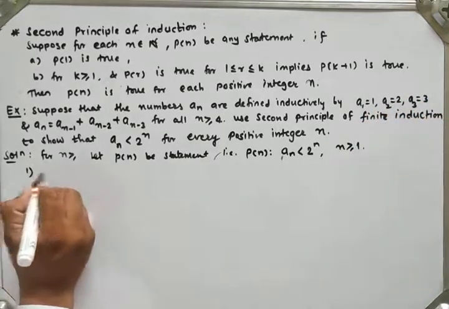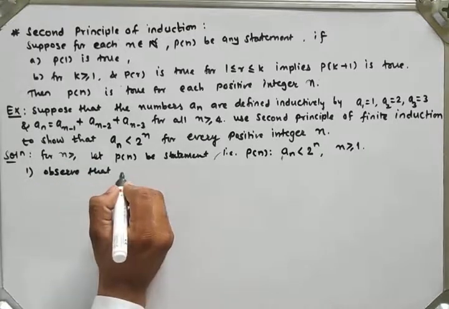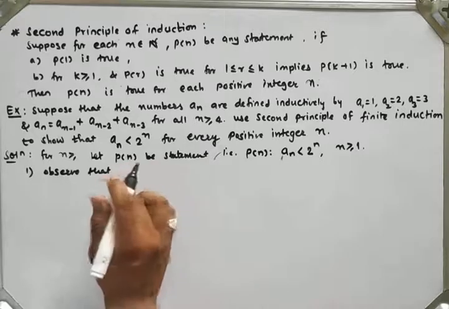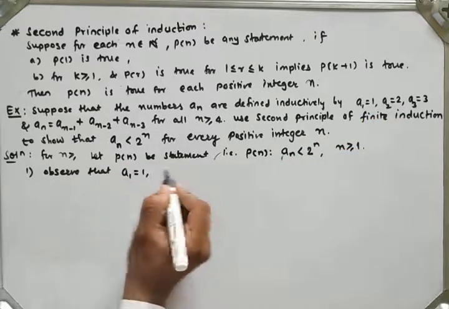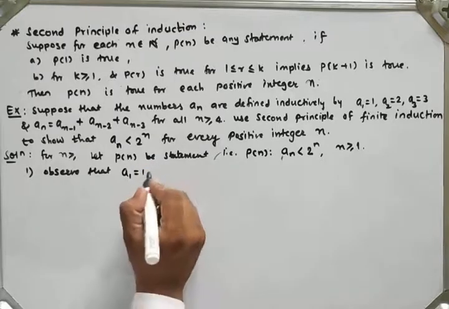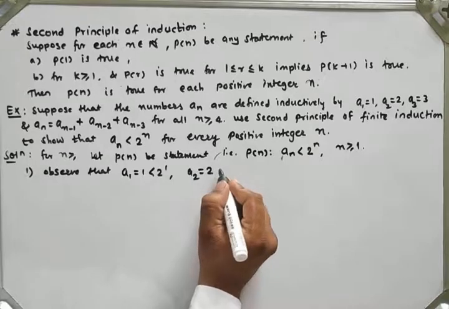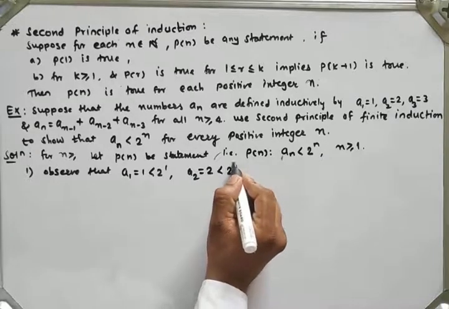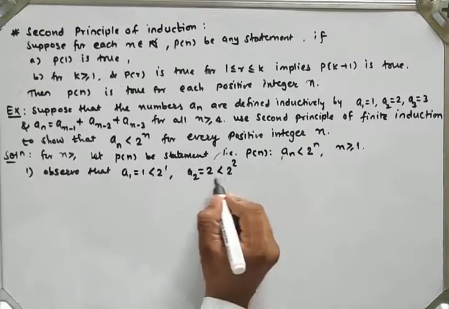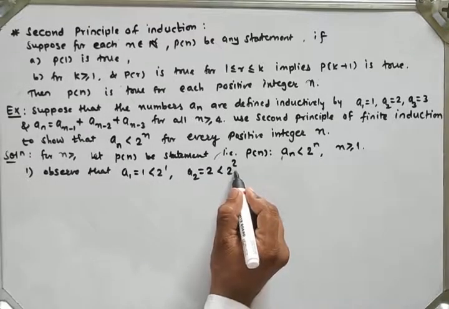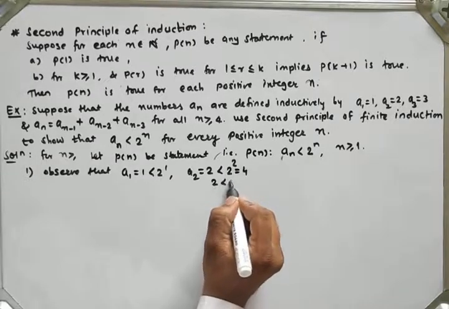So first observe that for n equal to 1, I get a1 equal to 1, which is less than 2 raised to 1. Now a2 is equal to 2, which is less than 2 raised to 2, which is 4.